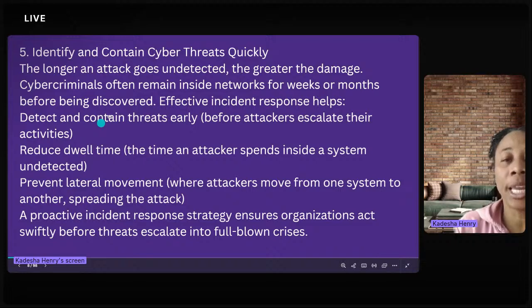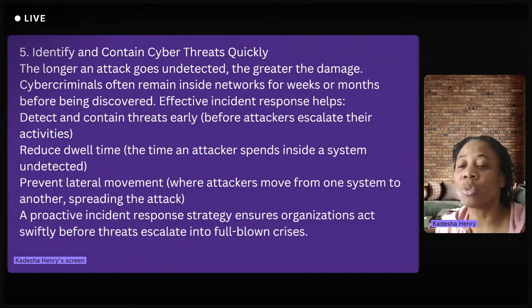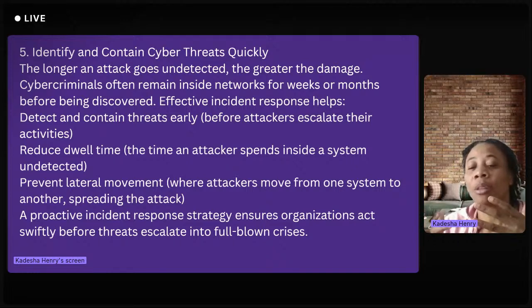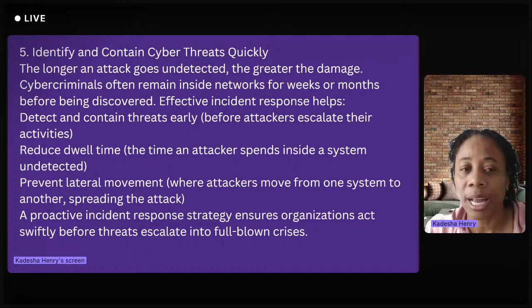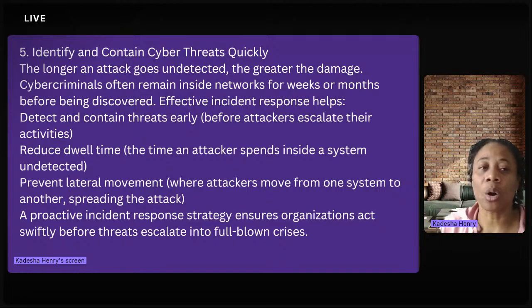So we need an incident response plan, because when you have one, it outlines ways to identify and contain the cyber threat quickly. So in that plan everything is outlined.